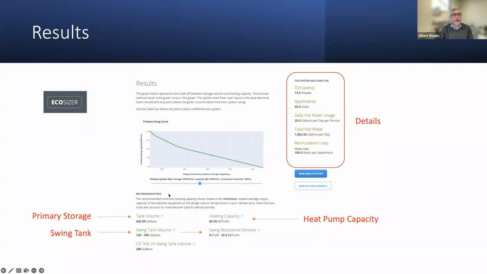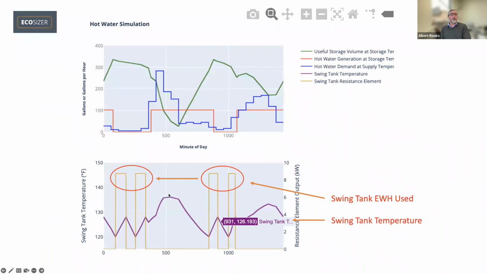So now we'll jump to the next slide. This is another interesting part, because basically what this tool is going to do is predict how the building's going to behave based on the norms that we've all set up and the inputs that I give it. On the upper graph, that's what our primary storage condition looks like.